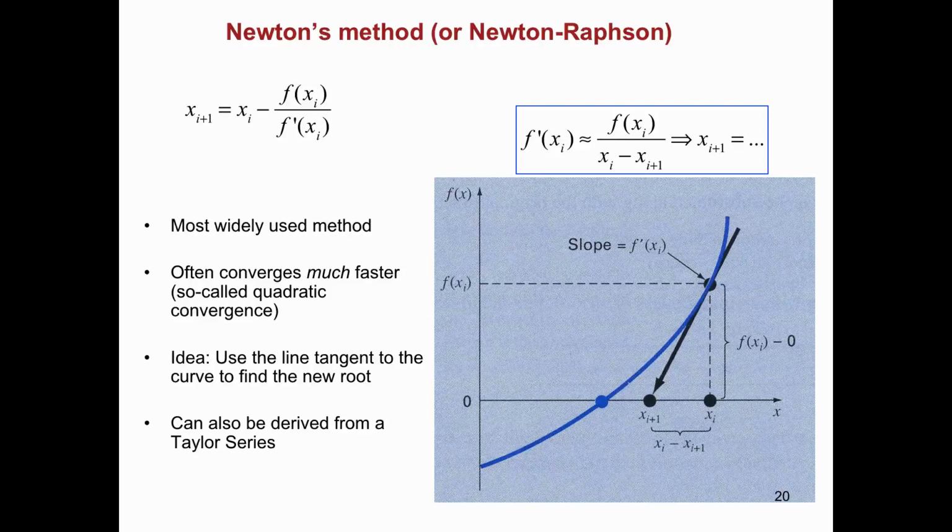If I look at this xi minus xi plus 1 and figure out this triangle, I get that my next iteration, xi plus 1, is xi minus f of xi divided by f prime of xi. The thing that I have to know about this function is I have to know both the function and its derivative and have it programmed for this to work.